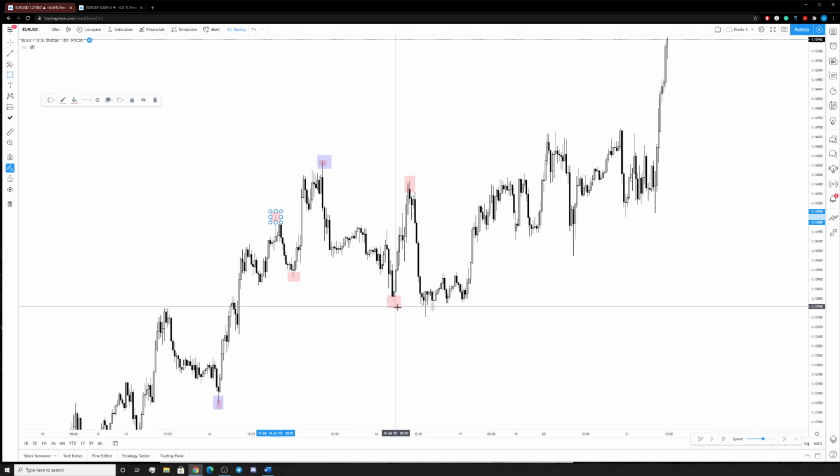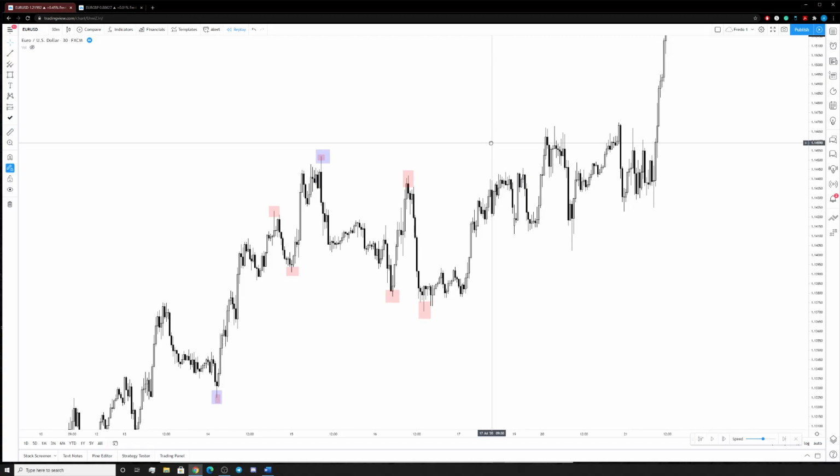So even though we're seeing these breaks of structure here, this is just a pullback to this initial break of structure. Does that mean sell here? No, because we're still overall bullish. Okay, yes, you can have a very nice minor intraday trade, like this is, for example, 35. This is like 60, 70 pips, okay? But we're looking for the overall moves with high probability, okay?